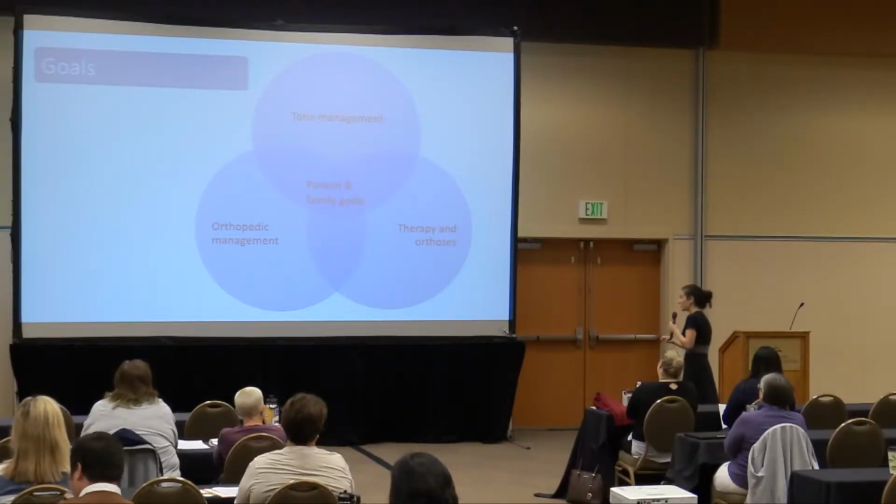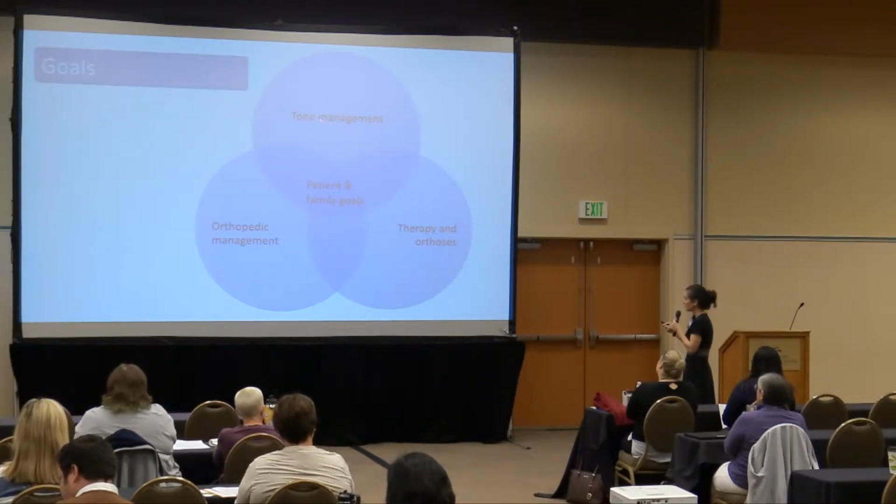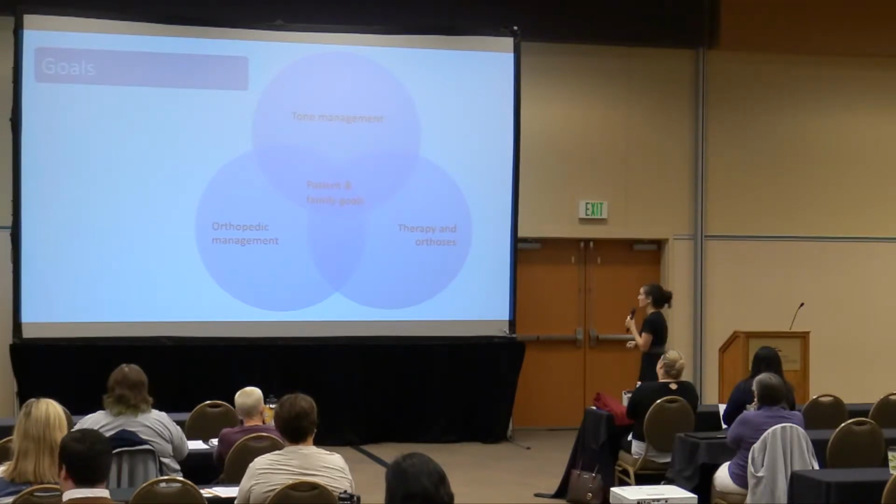So if a child is a GMFCS level 5, they're totally dependent for all of their functional mobility, and the family says, I'd like my child to be an independent walker, that requires a lot of education on my part that that might not be a possibility, and this is why. But having those goals is really important to guide you in these other things. So tone management, how can that help them? Orthopedic management, and then therapy and orthoses. And we'll go through each one of those.